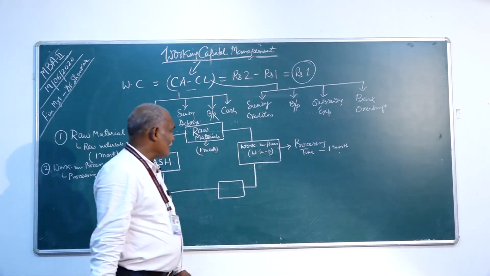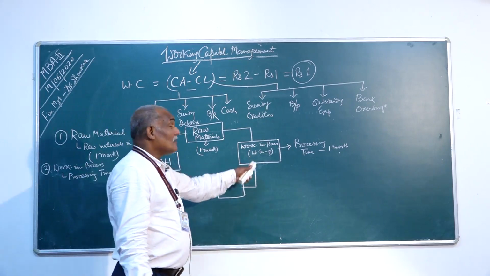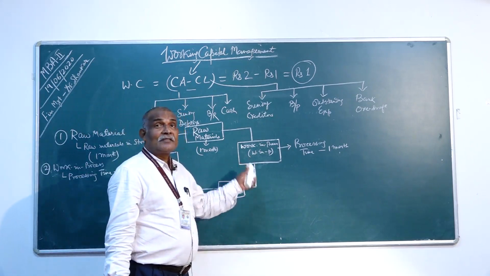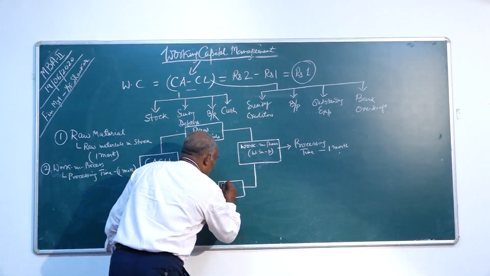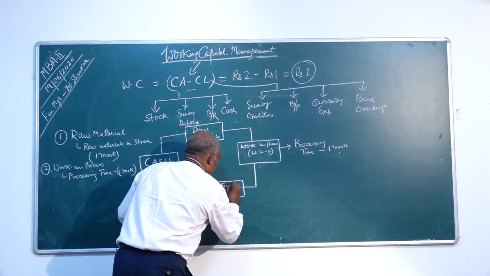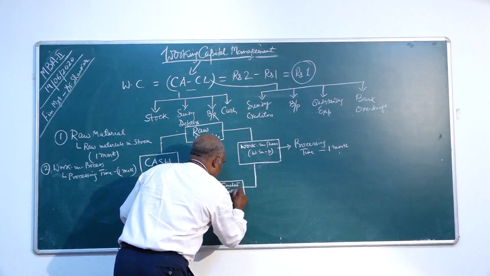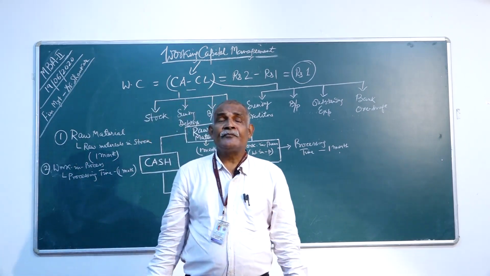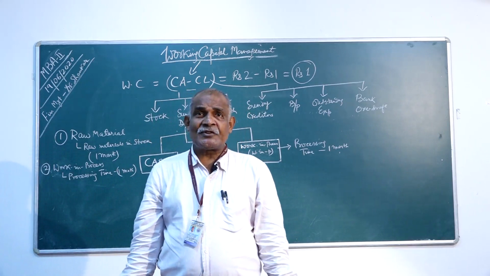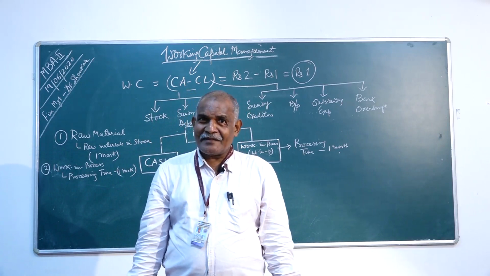After that, the raw materials are converted into finished goods. Now, it's very difficult. The day you produce the car, the same day you cannot sell.